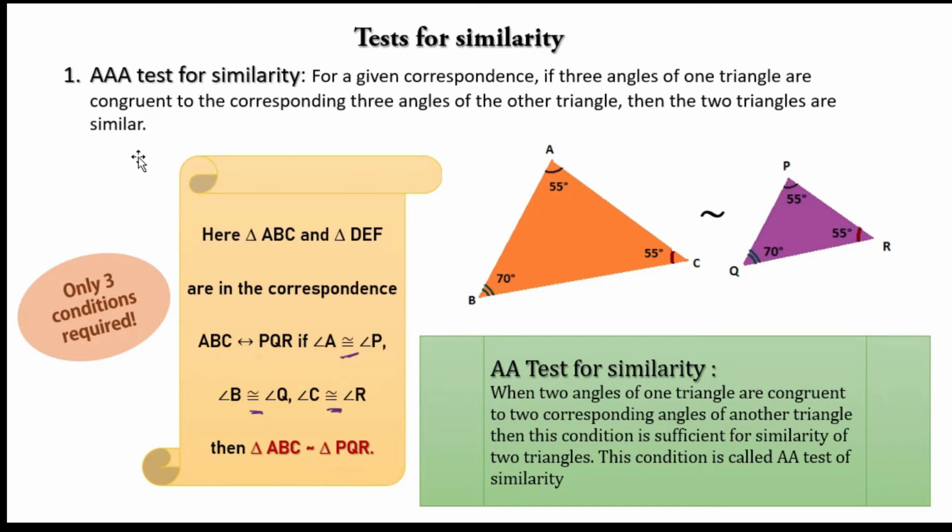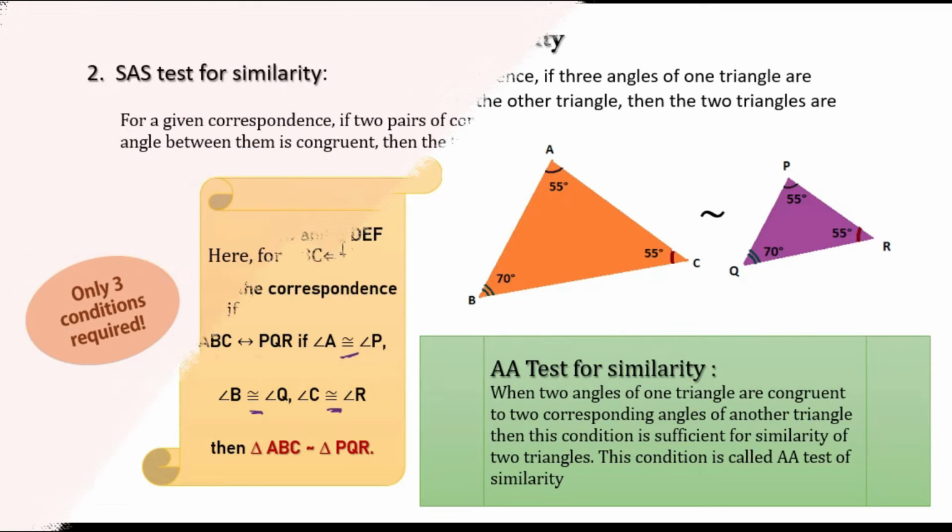So in this way, we learn the AA test for similarity and the AAA test for similarity. The AA test is coming from the AAA test, so both are similar except one A is missing. It means we need not check the extra angle to be congruent with another angle of the other triangle. That's it. Otherwise, both are the same. No problem.